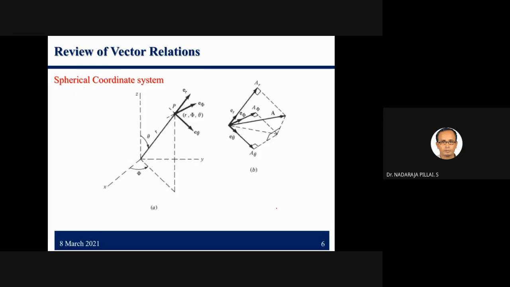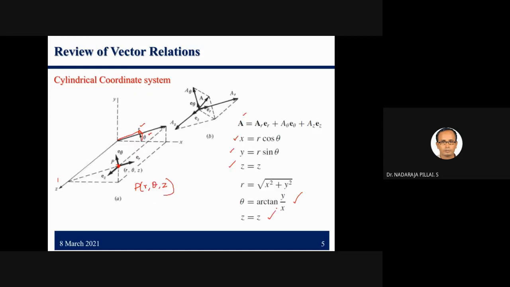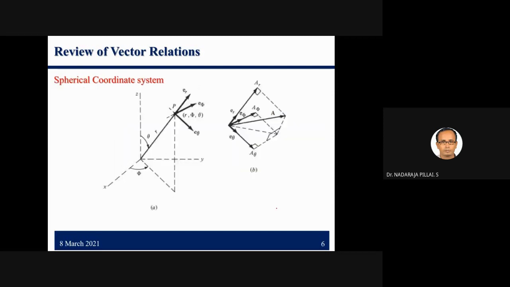Now, in the spherical coordinate system, we can represent r, comma, theta, comma, phi. Here we have represented r, theta, z in the cylindrical coordinate system, but in the spherical coordinate system, we represent everything in r, theta, and phi.